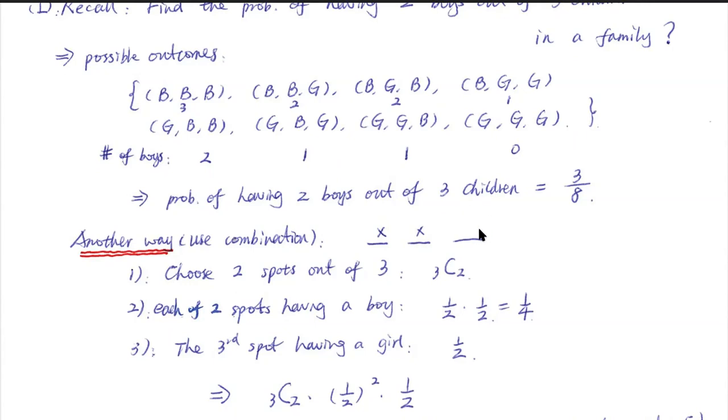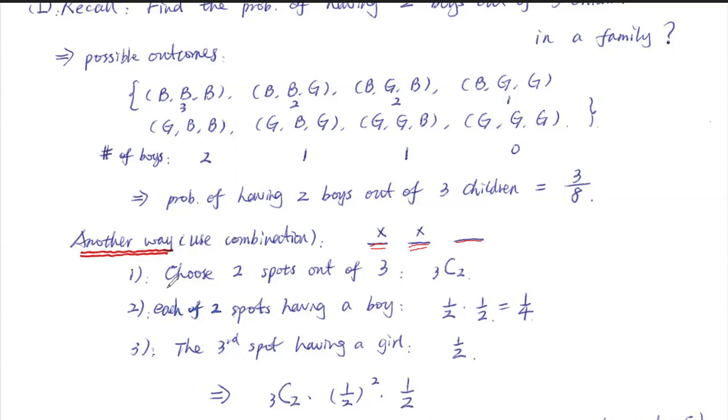That's what we are trying to find out, right? So let's do that step by step, everybody. We start with those 3 positions, select 2 positions, and then we want those 2 positions to be boy.